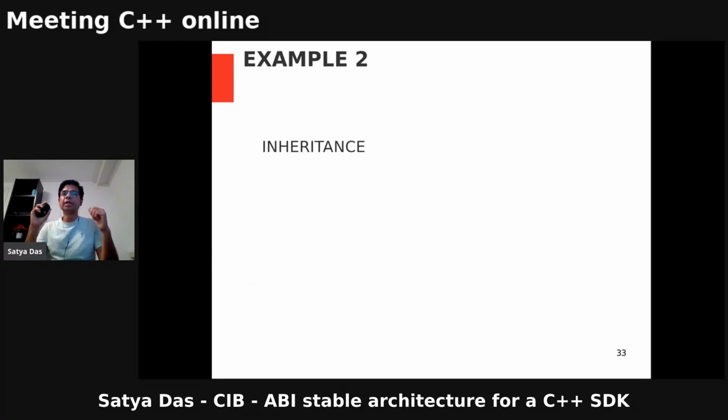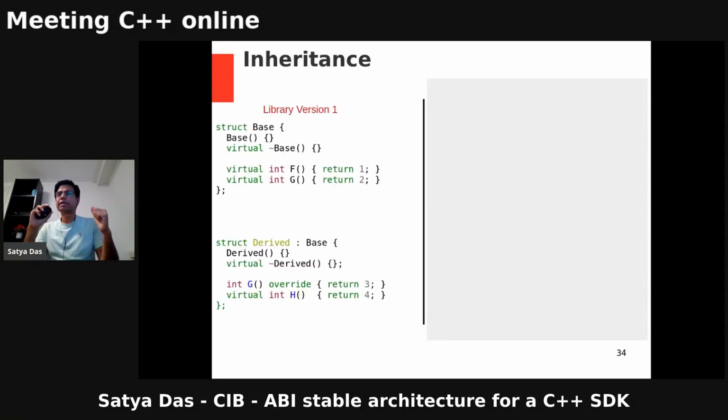Now we move to the second example, which is a slightly more complicated scenario where we have an inheritance of classes rather than just a standalone class. In this example we have a base class and a derived class deriving from the base class. I'm using struct in this example because that helps save some space on the slides, and as we know, they are actually the same as class.